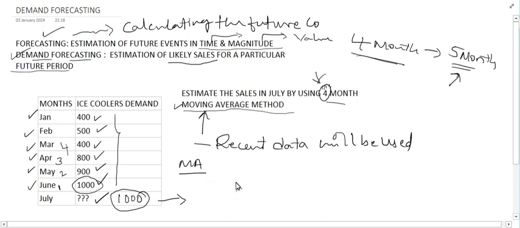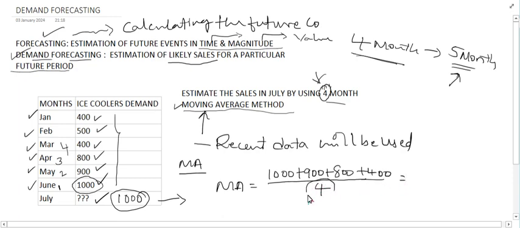By using the moving average method, I will consider the last 4 months of data. First is 1000, then 900, then 800, then 400, divided by 4. I am considering the average, and this 4 represents the number of periods that I am considering.